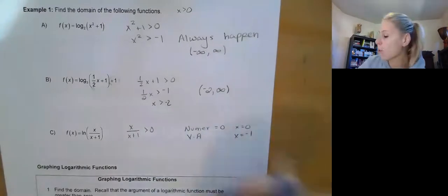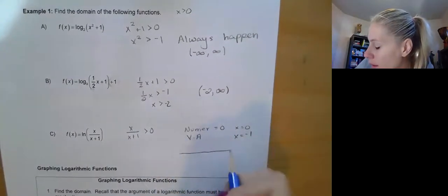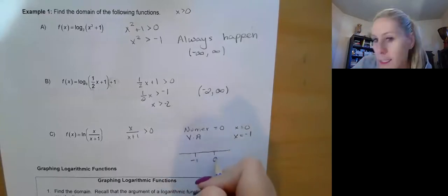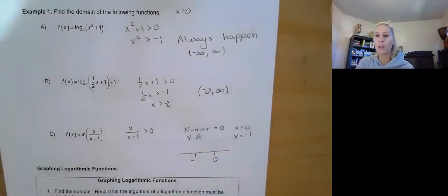So when we do our sign ray, we have to include both these values. Now, the great thing is I don't have to worry about it being filled in or not because all of this is not equal to, whether it's a vertical asymptote or not.